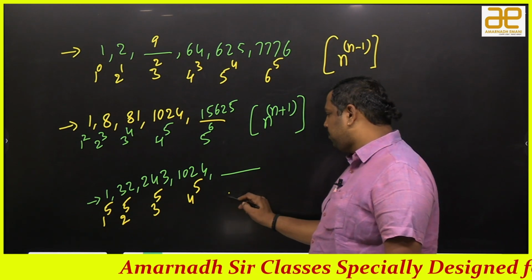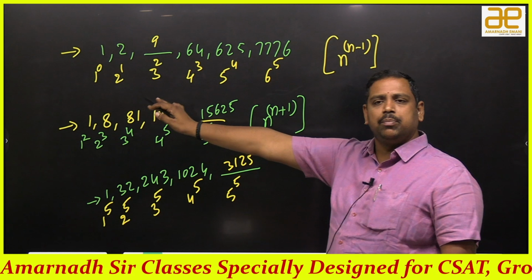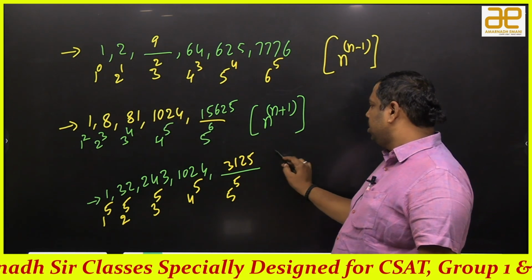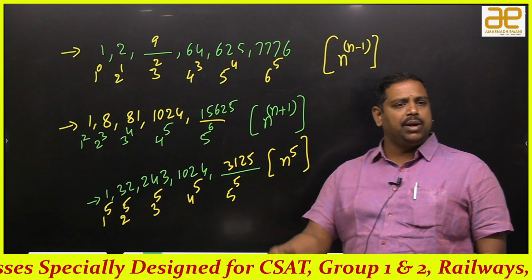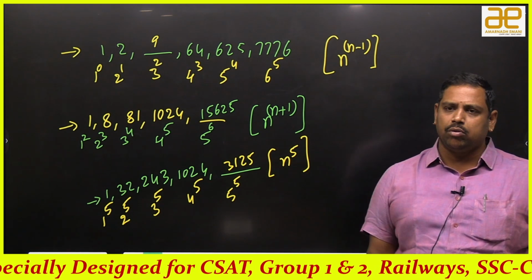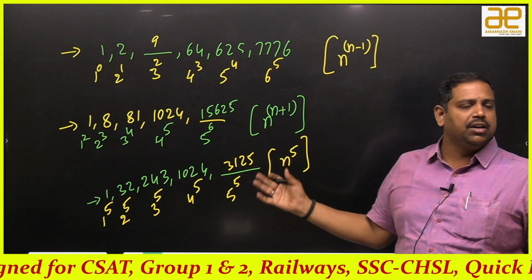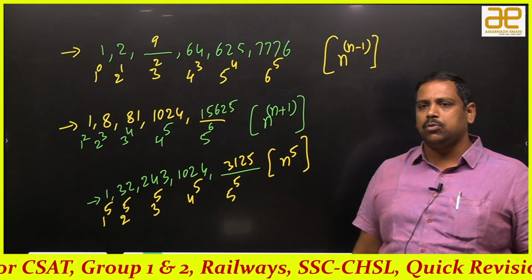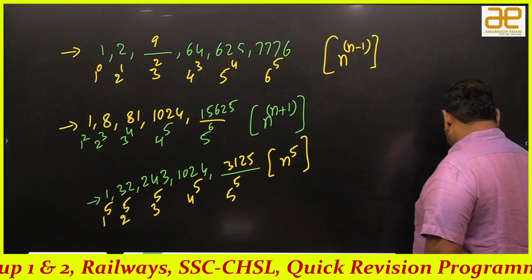So the answer will be 5 power 5, so 3125. This is also similar to the previous one, right or wrong? So n power 5 is the logic. Now I have given n power 5. Tomorrow it might be n power 6. It might be n power 4. Yes or no? So like this we can create new questions with almost the same logic as the previous one. Right, completed? Let's go for the next one.